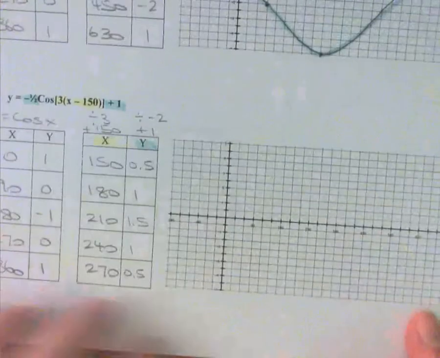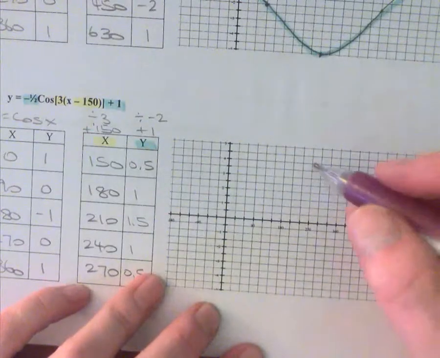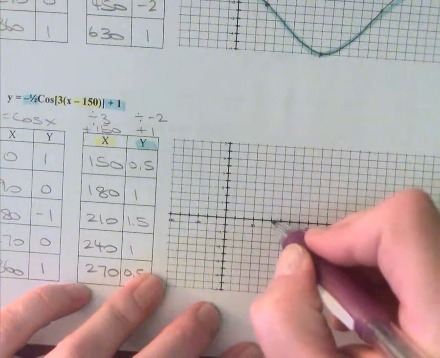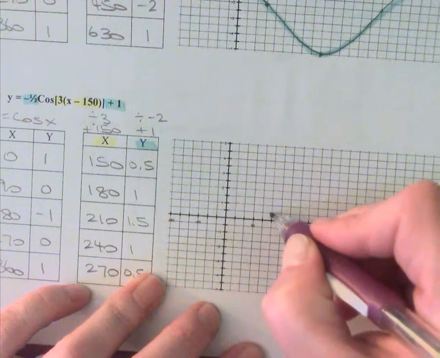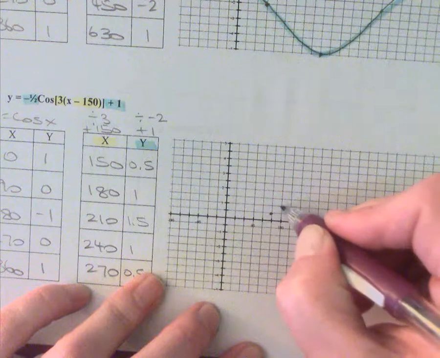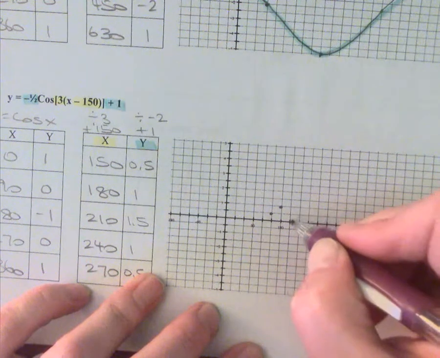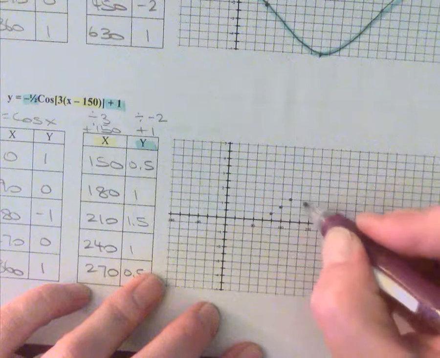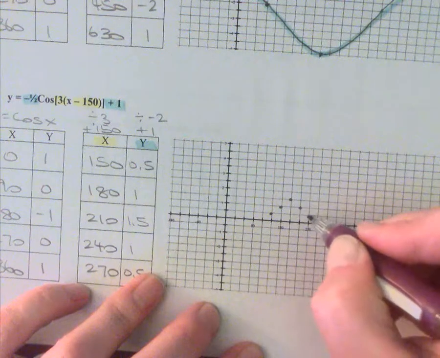So now I can graph this. So there's 150 and 0.5, and 1, 1.5. So it's a nice little tiny one.